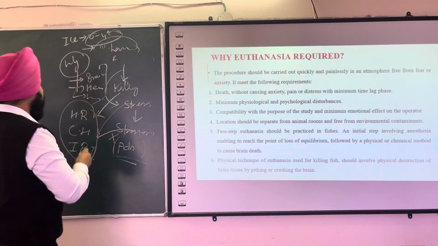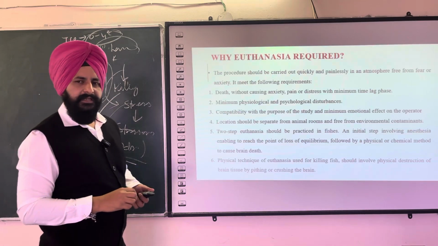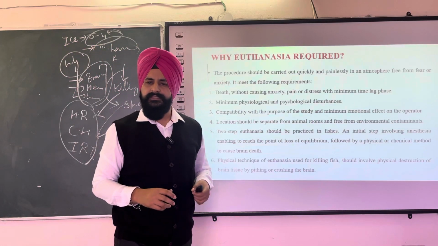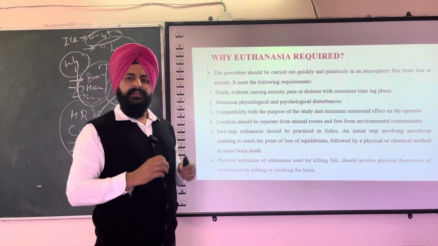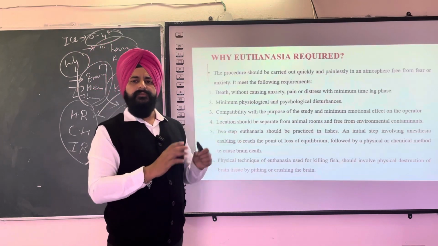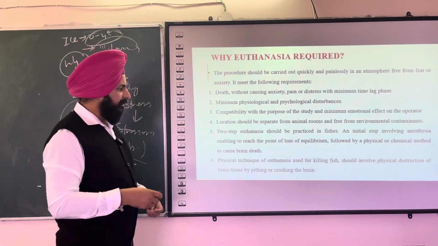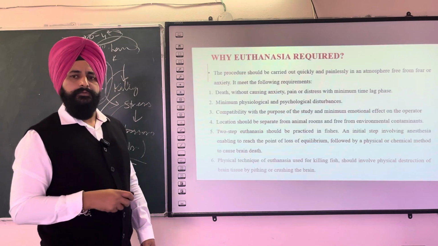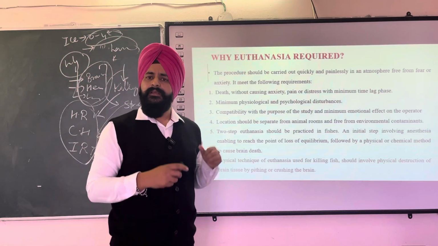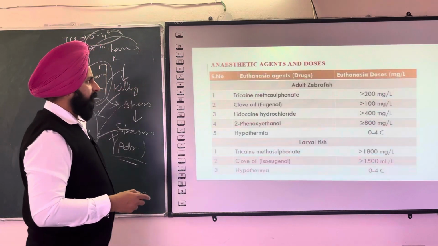Now in this case, you want to take the organ for histopathological analysis, for immunohistochemistry analysis, for biochemical marker estimation, for inflammatory marker estimation, or for using Western blot or RT-PCR techniques. In this case, it is a must that you firstly euthanize the animal before taking any organ of that particular zebrafish.